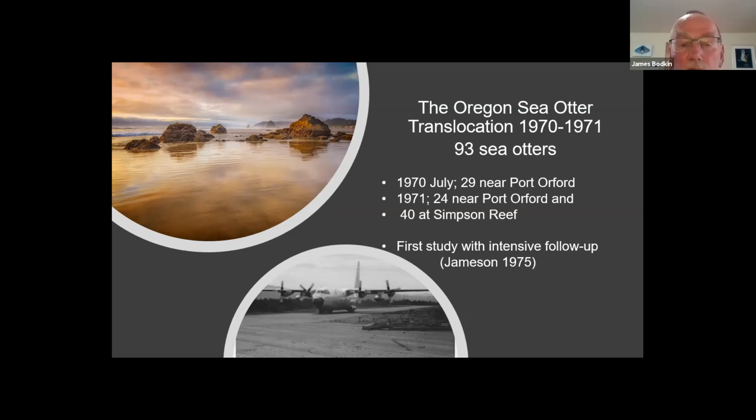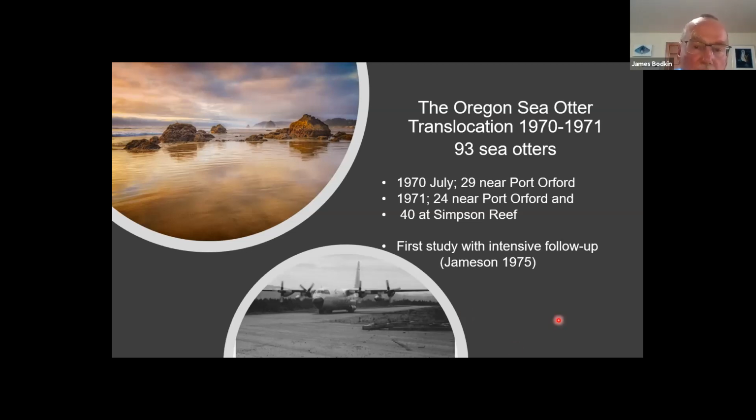And this was really the first of these translocations that had a very intensive follow-up. All of the other translocations were followed up as animals became conspicuous and abundant. There were very few attempts to quantify the success or failure of those translocations, and only when they became obvious was much effort put into monitoring them.